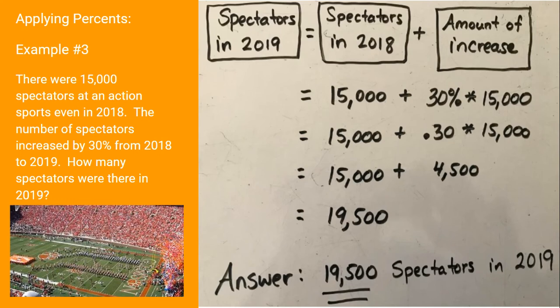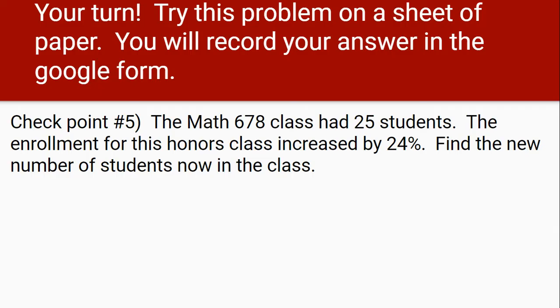Now you will recall, according to order of operations, you have to multiply before you add. So decimal .30 times 15,000 is 4,500. And then you're going to add that to 15,000, which ends up with 19,500. So the answer for this problem is 19,500 spectators attended this sports event in 2019.